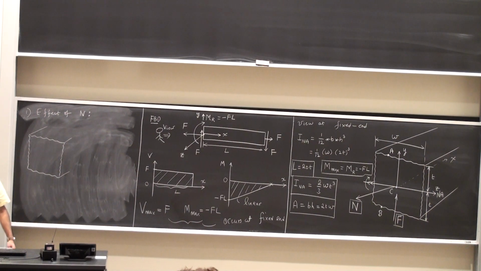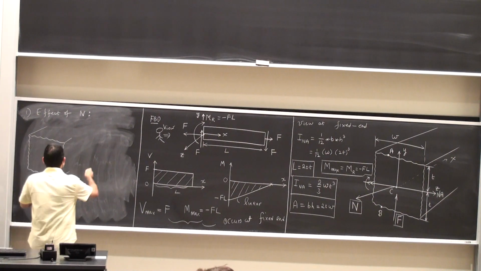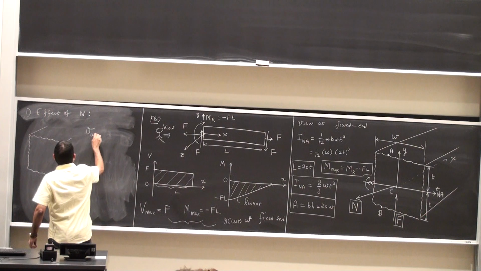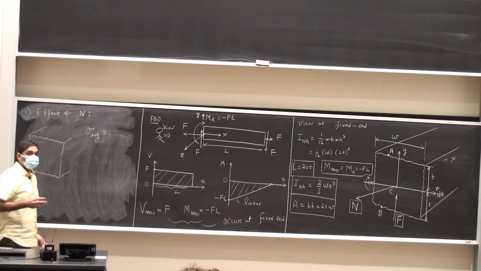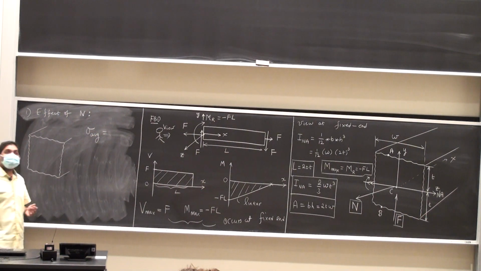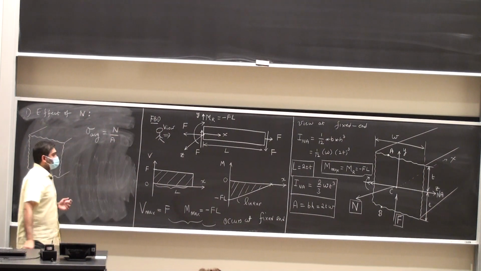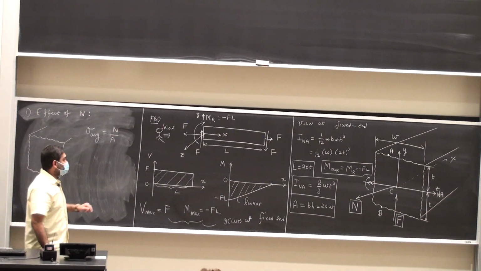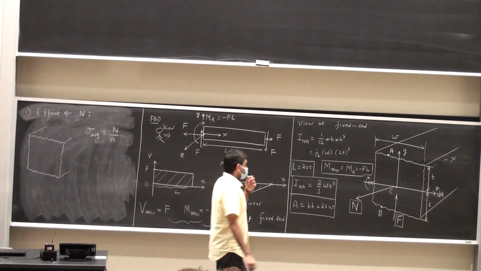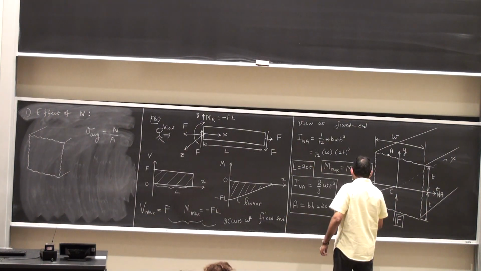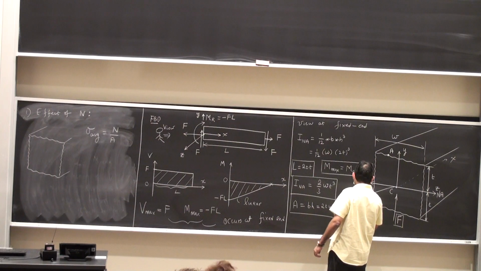What's the normal force trying to do? It is going to cause an average normal stress. So sigma average, which we know simply is the normal force divided by the area of cross section. The normal force is equal to little f for us. Okay, so that's something I'm going to label here.